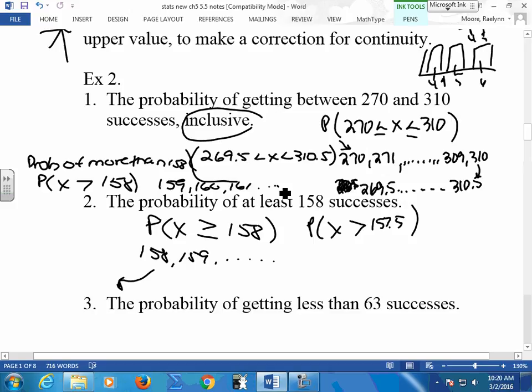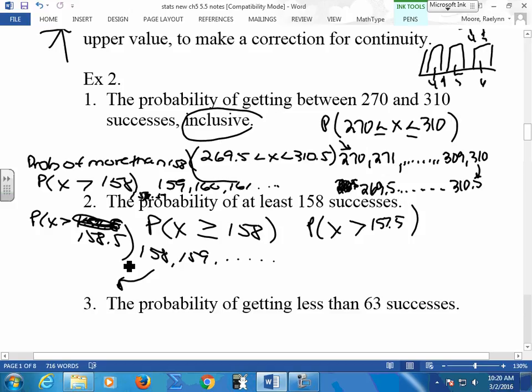So if you're dropping the lower half, all you're looking at is the lower half. If you're raising the upper half, we have no upper half here. It's continuous. So like Ariel said, that's where she got the 158.5. So she's going to change her probability statement to say greater than 158.5.